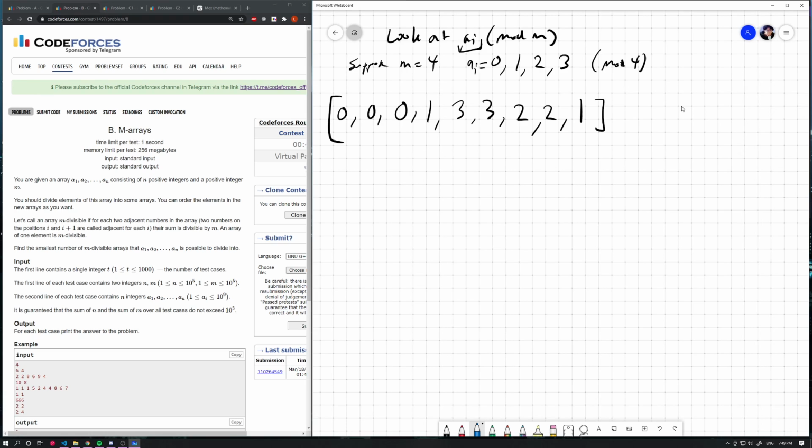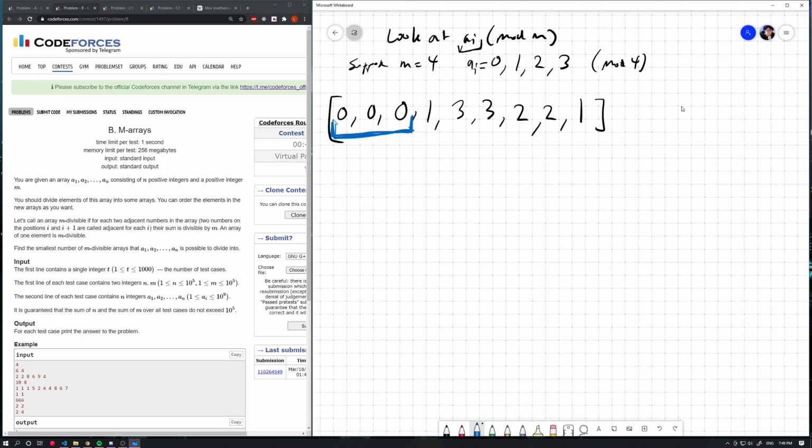And so very clearly we can see right away that we can just group all the zeros together, because anytime you add two zeros together, their sum is going to be 0 mod m.